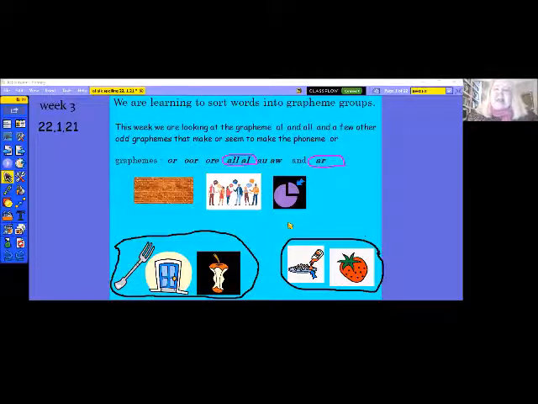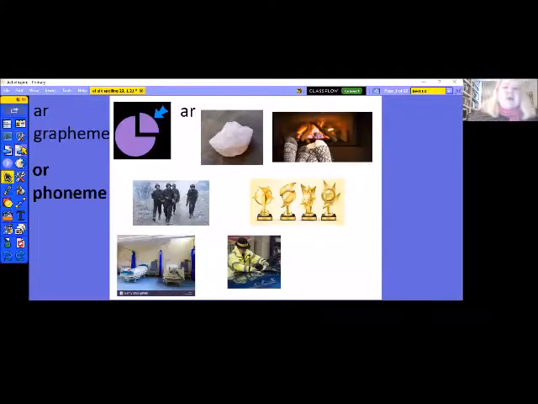But today we are looking at the phoneme or spelt with AR, ALL and AL, like in quarter, talk and wall. Now, wall is a bit of a tricky one and we'll come back to that later. So let's just start with AR.